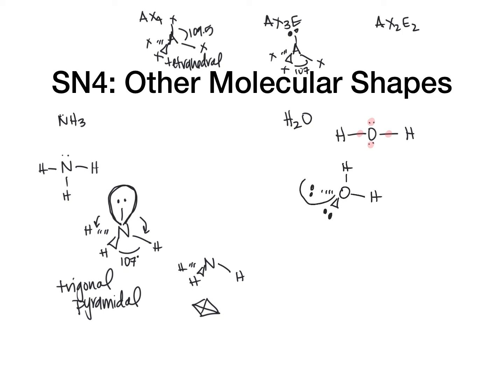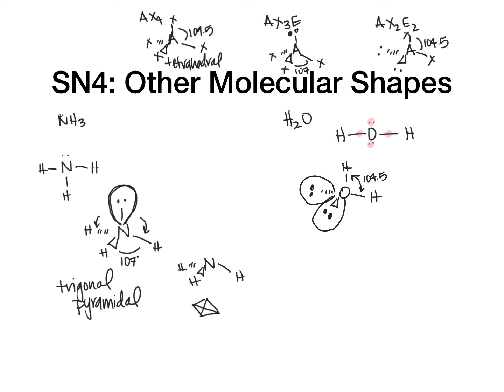These 2 electron clouds would like to be as far apart as possible, and that is going to contract this even more than the previous 107, and it's going to go down to 104.5. So when we draw this structure, if we put our X's here, we see a contraction of 104.5 and 2 lone pairs.